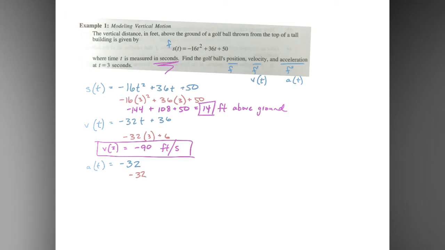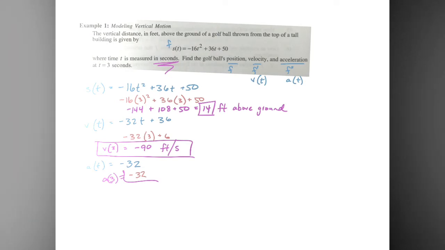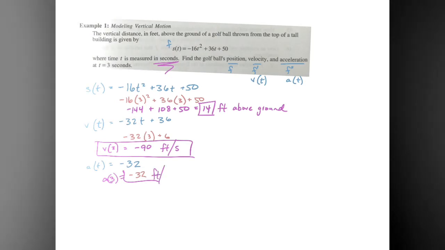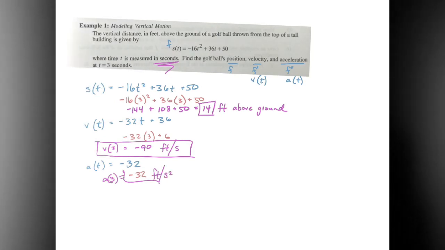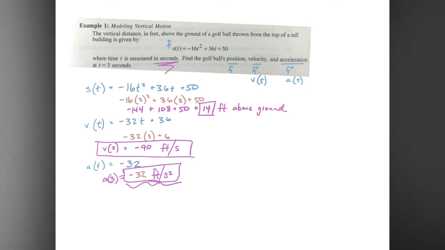And lastly, for a of t, there's nowhere to plug in my 3, so the acceleration a of 3 is just going to be negative 32 feet per second squared. And that's our acceleration thanks to gravity.